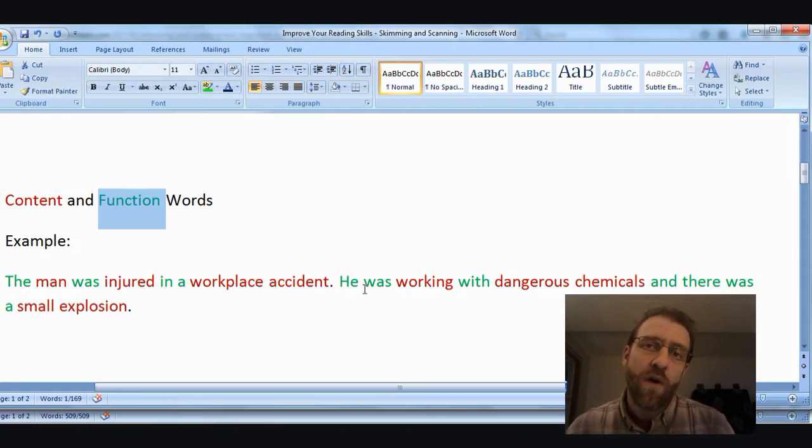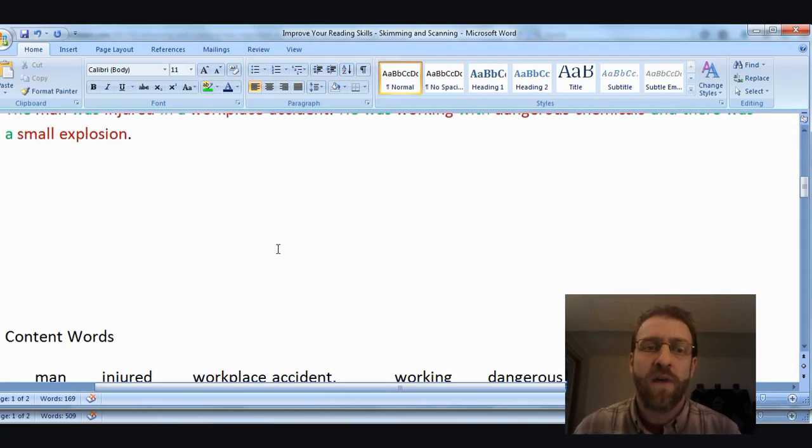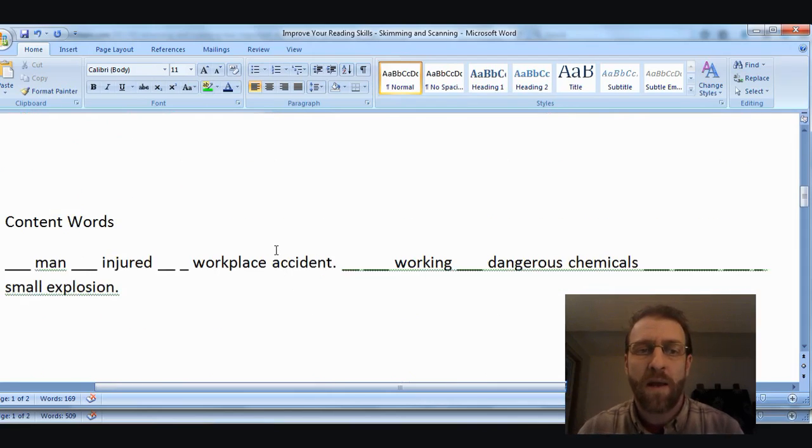Now, these words are very important for the grammar and for making the sentence work, but they don't really tell you what's happening. So let's look again here, and this time I'm going to take out all the function words, and you'll see what it looks like with only the content words remaining.